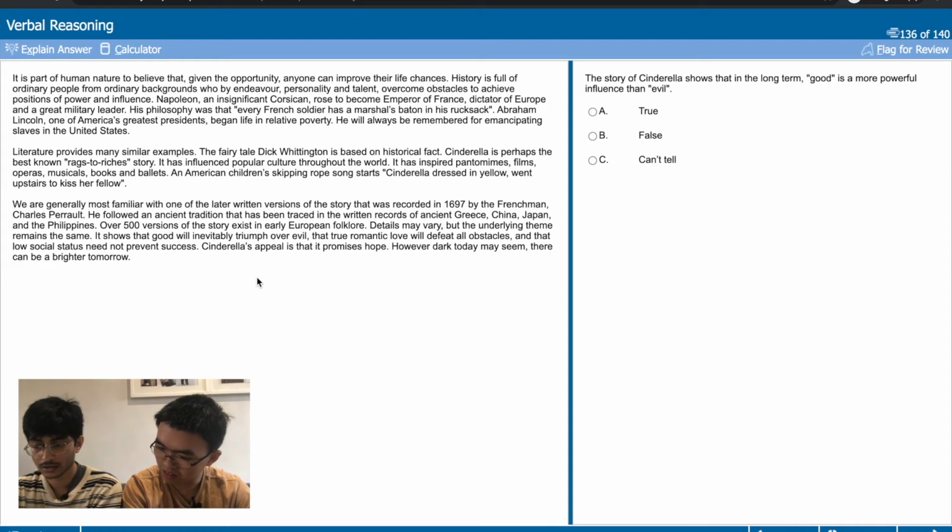Yeah, it promises hope, however dark. So probably can't tell. I can't really see anything about long-term influence. However dark today seemed, there can be a brighter tomorrow. Yeah, but it says good is.